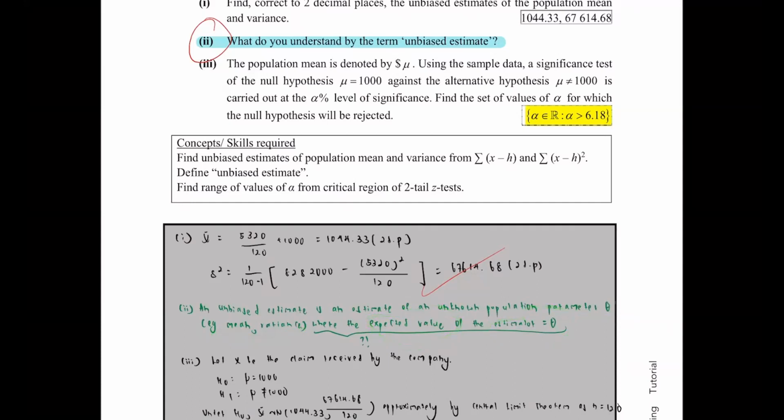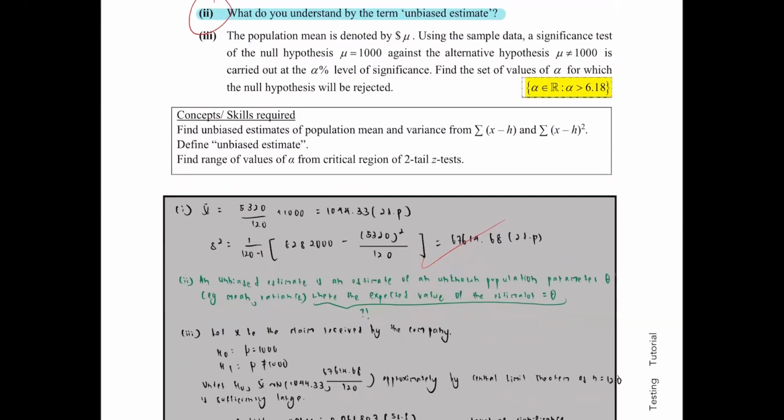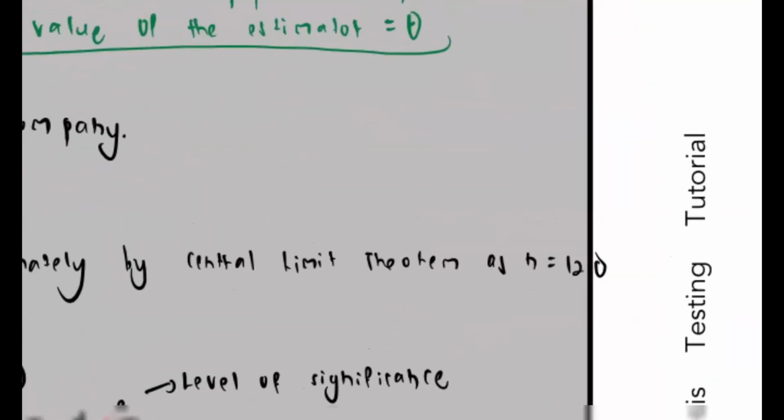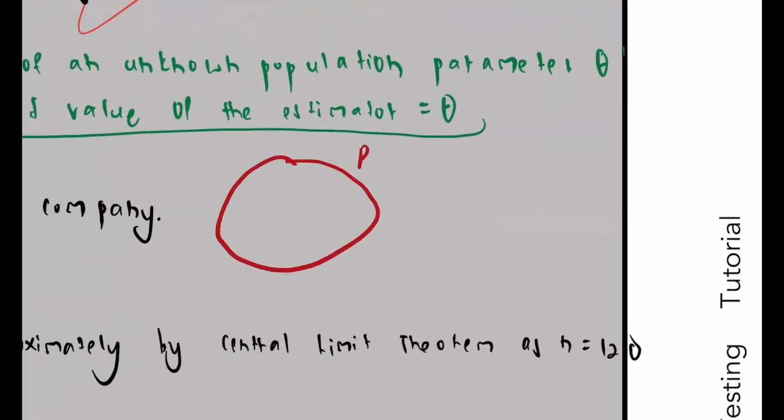Now technically, the definition of bias is not really in the syllabus. But here is what is going on. Whenever you have a population, let's say the population of Singapore, you want to figure out the mean salary of the entire nation.